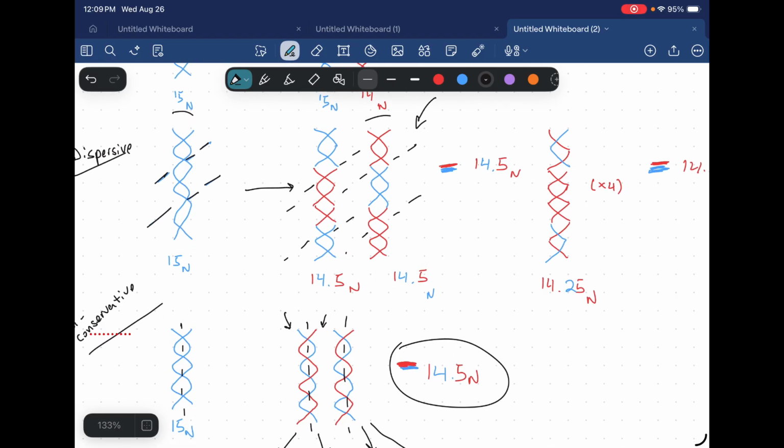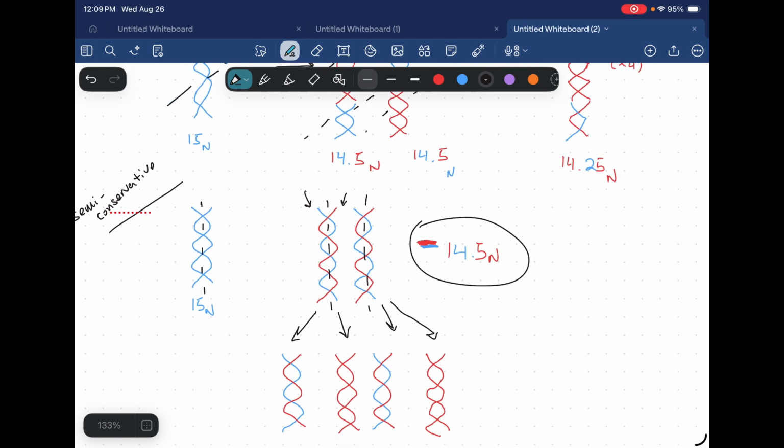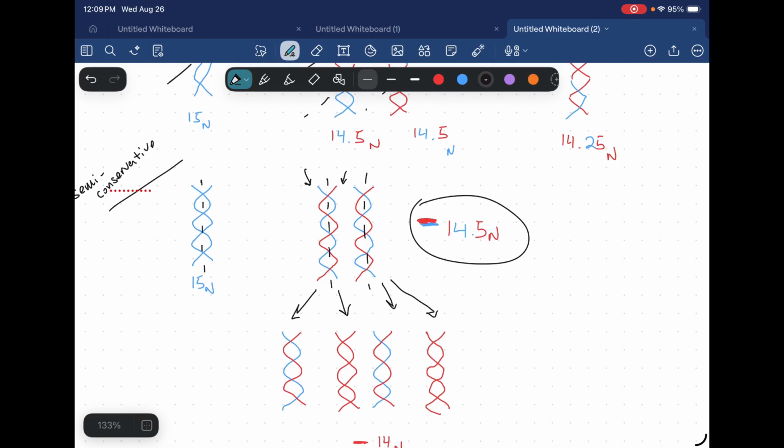Then they allowed the bacteria to undergo a second round of replication in the 14N media. And now something interesting happens. The hybrid 15N and 14N DNA molecules replicate.